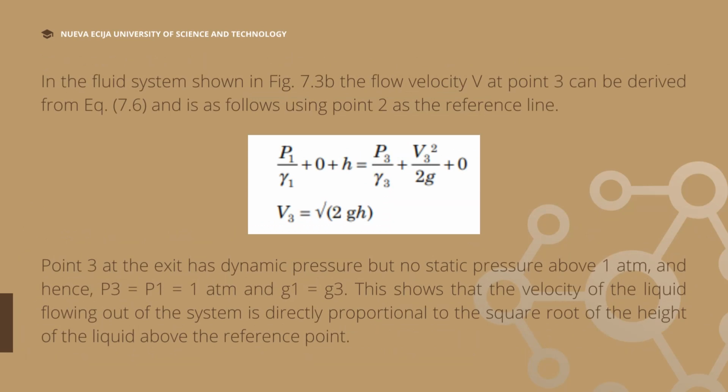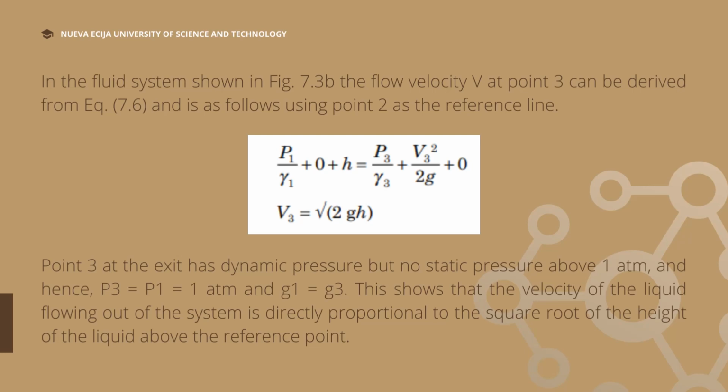In the liquid system shown in figure 7.3b, the flow velocity v at point 3 can be derived from equation 7.6 and is as follows, using point 2 as the reference line.